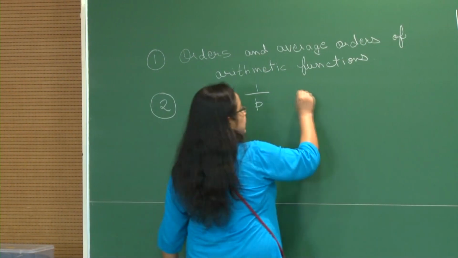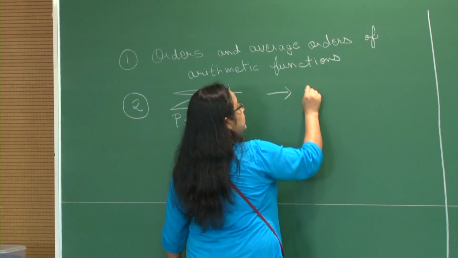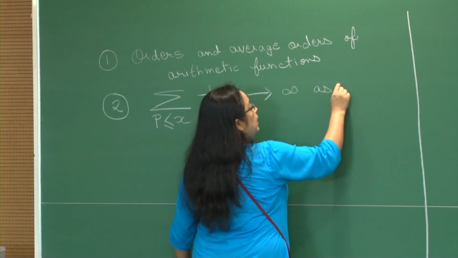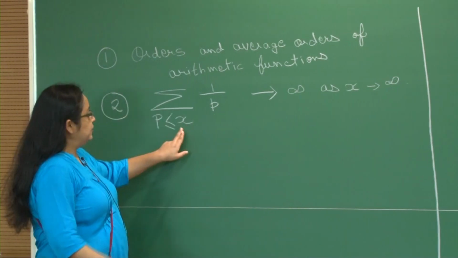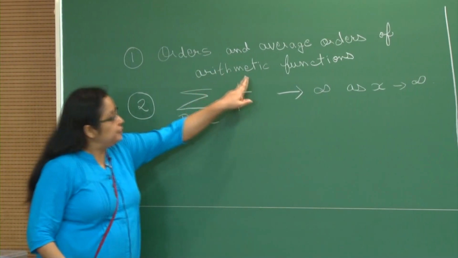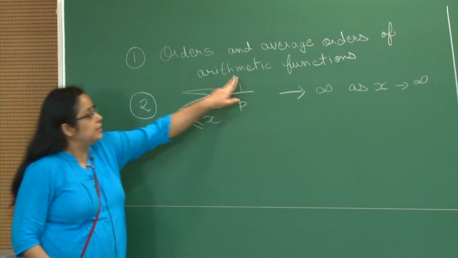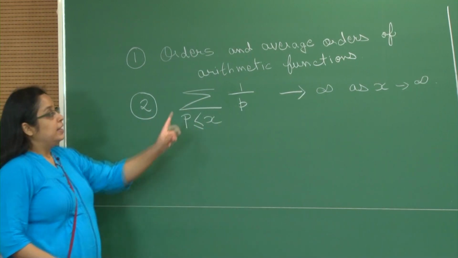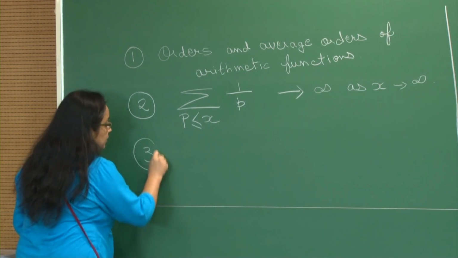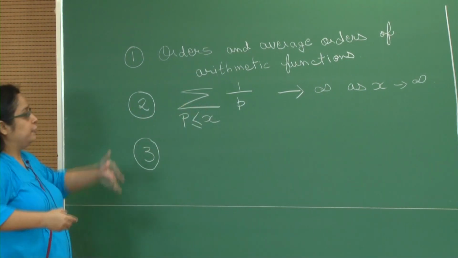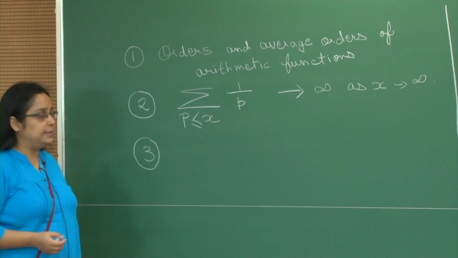We show in a very refined form that this goes to infinity as x goes to infinity. In fact, for a given x, we find fairly sharp estimates for this. This is a very fundamental identity, and it is a sharper way of saying that there are infinitely many primes.